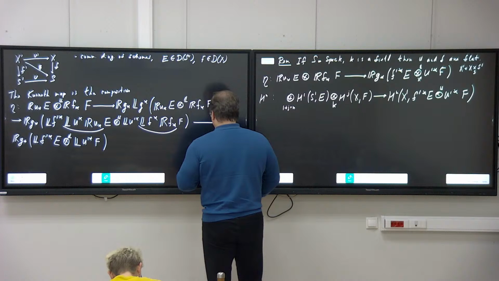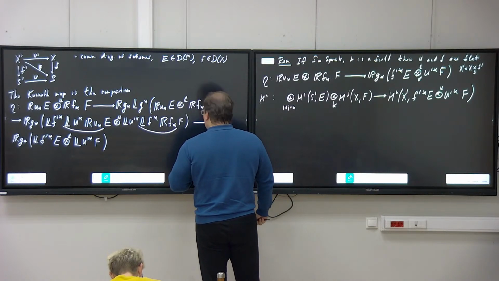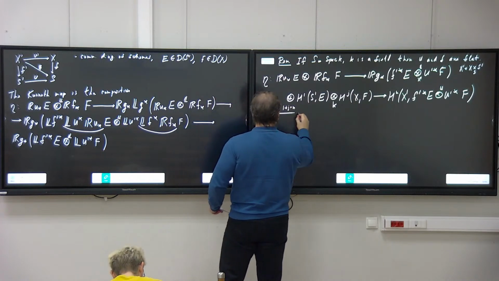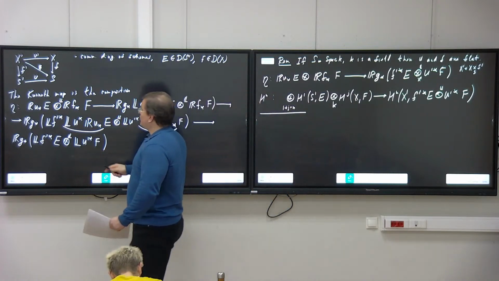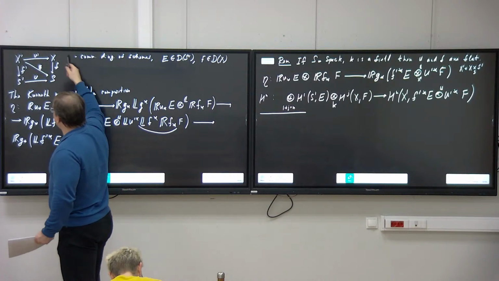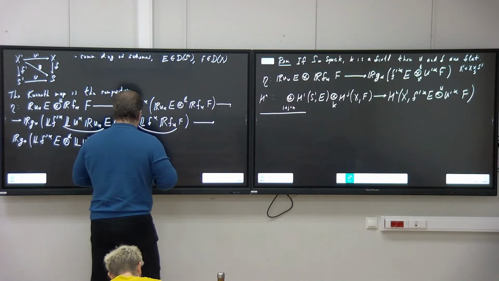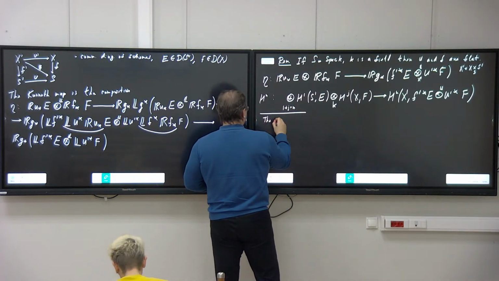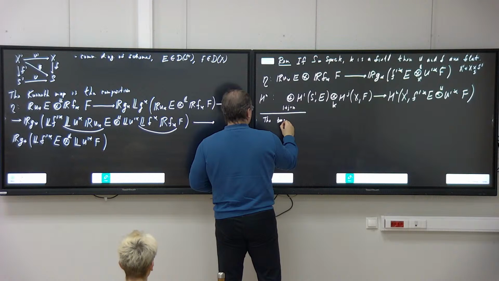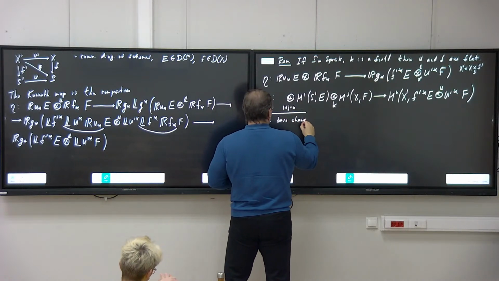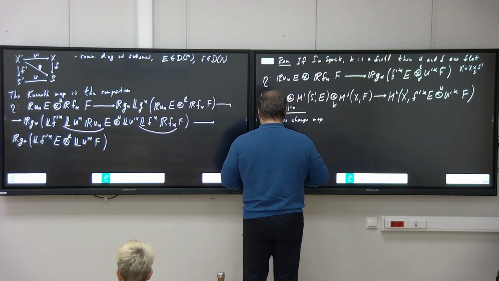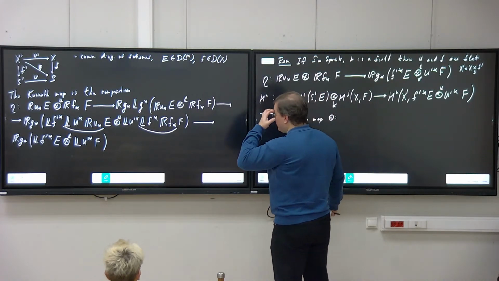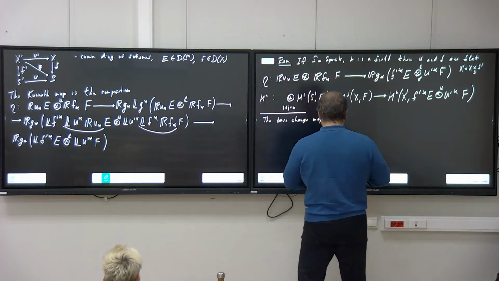Okay, so the base change map. Let me finish this remark here, and I continue to assume that I have this diagram with the same notation as before. For this diagram, I have the base change map. And again, I want to fix some notation for this map. I'm going to call this theta.